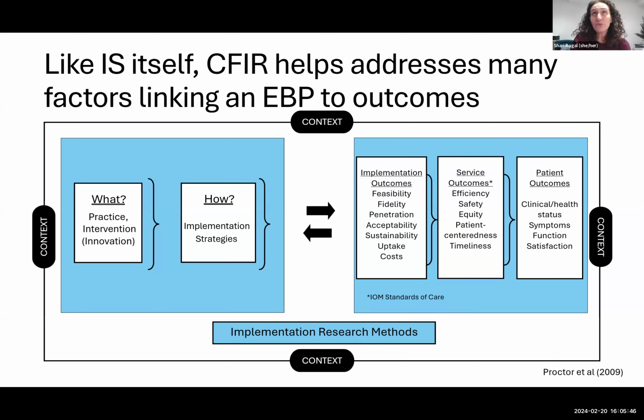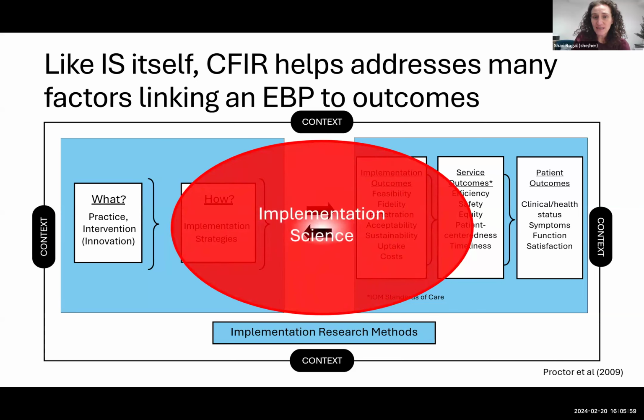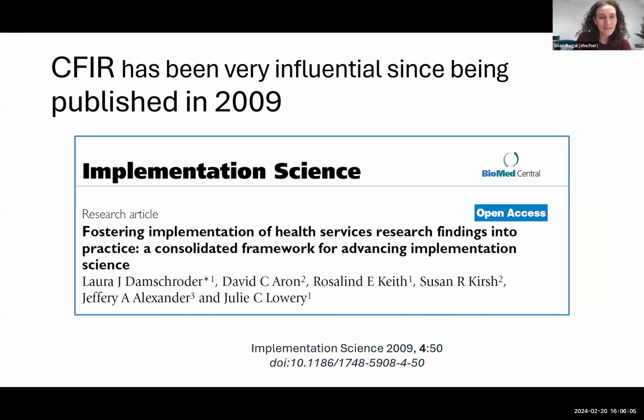And one of the things that I love about CFIR and implementation science is that it considers the context. It's all about the context, and it's all about the messy middle, which is like, if you saw my minivan, you would understand that this is very much why I like implementation science.